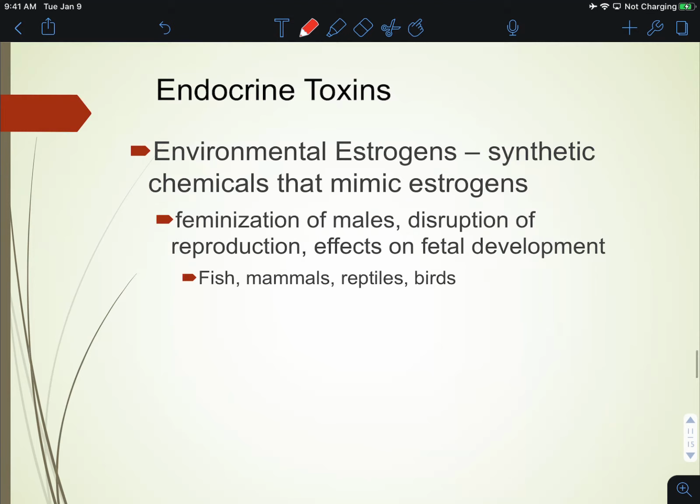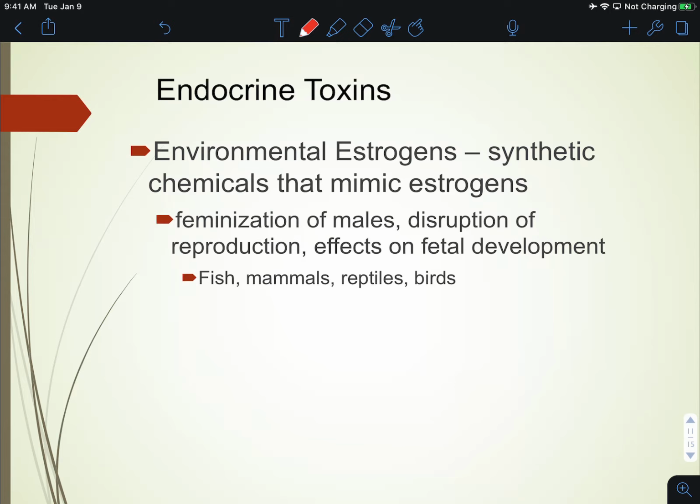Then there's a whole section on endocrine toxins. Endocrine toxins are really big now in terms of being studied. And these are compounds that interfere with our endocrine system. So things like estrogens. These are groups of hormones in animals responsible for things like feminization and characteristics in reproduction.